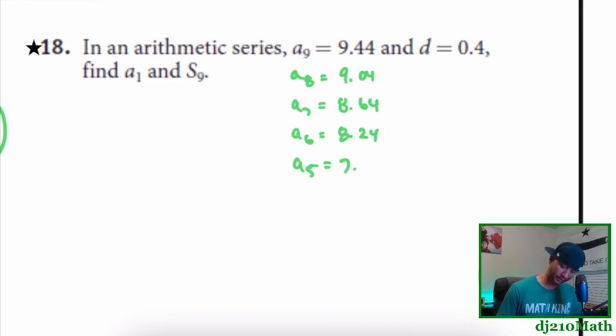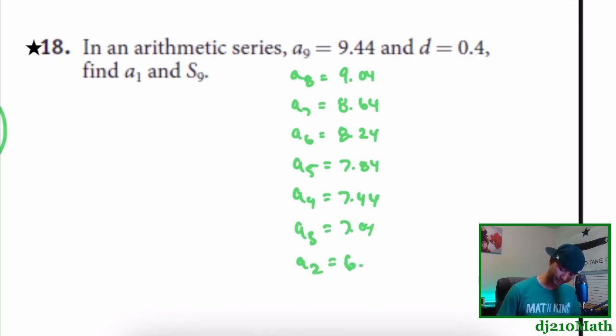Is there a better way than this? That's the question. Don't know. 7.84. There's bound to be a better way, but I'm already almost there.